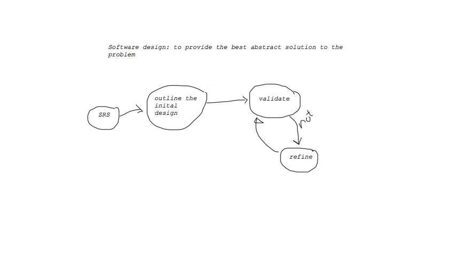So this is like the second design, and this design is again validated. If it is not passing the validation, then we have to refine again. And when it is passing the validation, yes, then we are done.